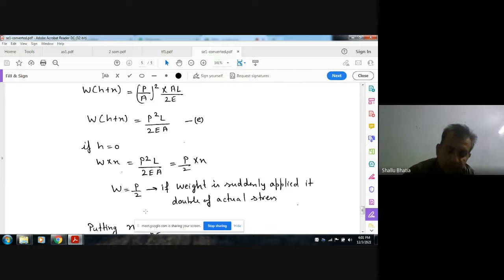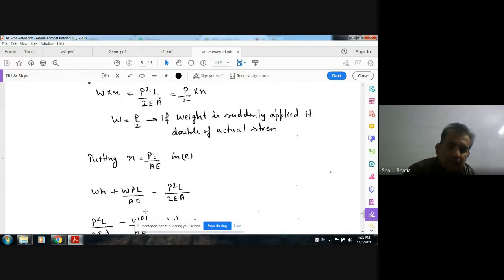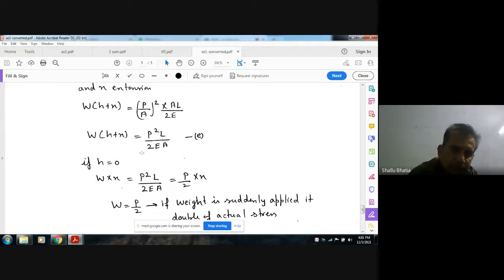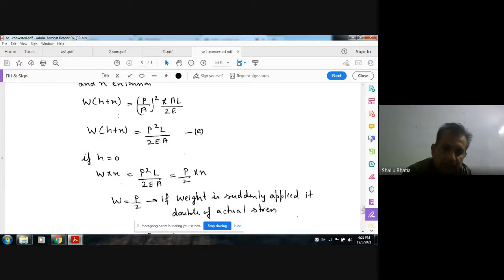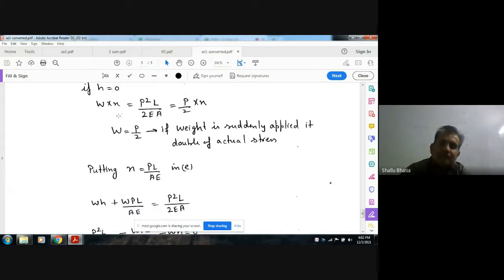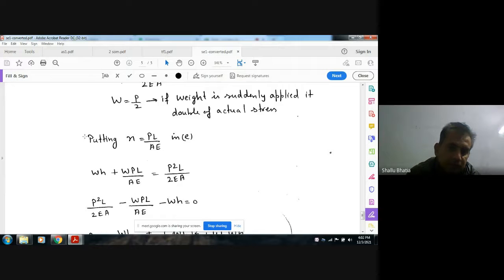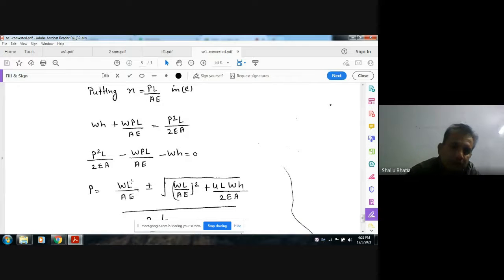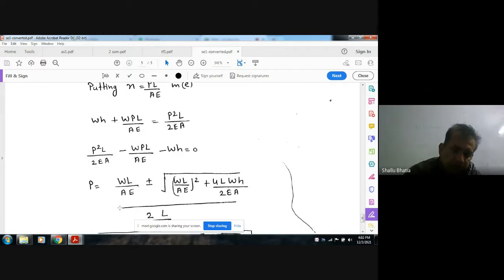So the suddenly applied load will cause double the actual stress that is caused by the gradually applied load. Next, we put the value of x, the deformation of the material, in the above equation: x is equal to PL by AE, where P is the gradually applied load which causes stress sigma and deformation x. We put this value here and then solve it for P. It will become a quadratic equation, so P will be this.